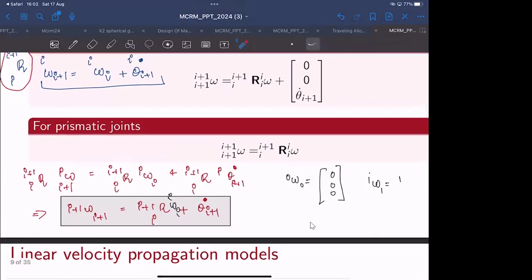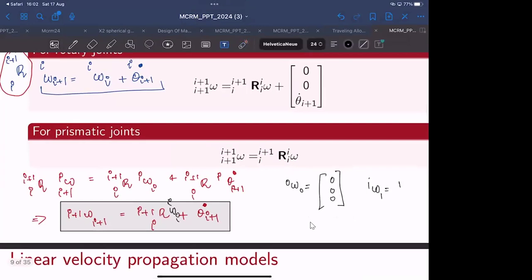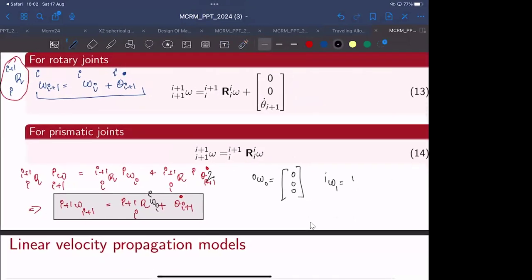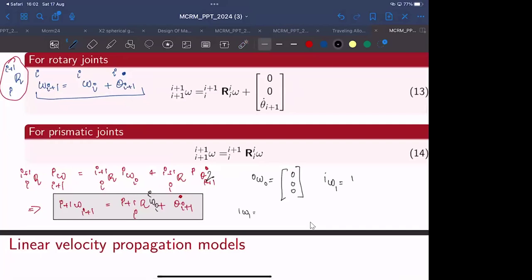Yeah, so that's it actually. The propagation would be, 1 omega 1 would be, as per this equation, 1 R0, 0 omega 0 plus theta 1 dot, right?